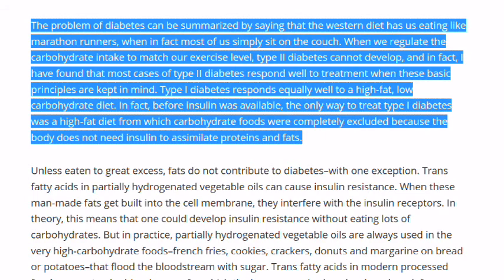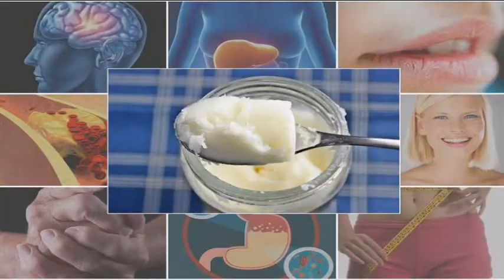In fact, before insulin was available, the only way to treat type 1 diabetes was a high-fat diet from which carbohydrate foods were completely excluded, because the body does not need insulin to assimilate proteins and fats. If you drink coconut oil, it turns into ketones almost immediately in the liver and gets absorbed. Doesn't have no big set of digestion or anything like that.